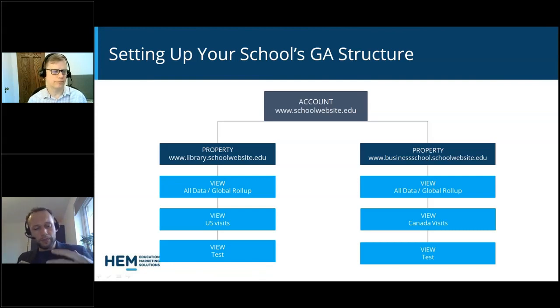Under properties, you have views that allow you to build subsets of analytical properties so that you can build your own unique configurations and settings and view certain subsets of data which are more specifically relevant to you. So just to clear up some of the terminology there, I felt that was important.